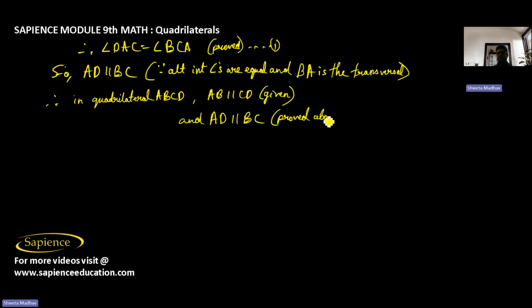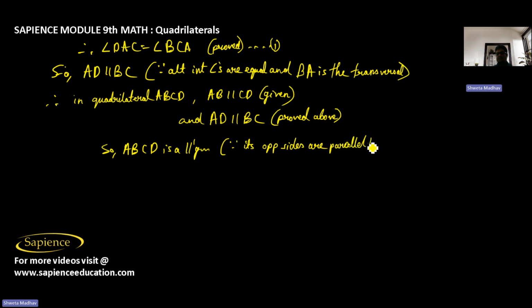So therefore, I can say ABCD is a parallelogram, since its opposite sides are parallel to each other. So hence proved part 2.